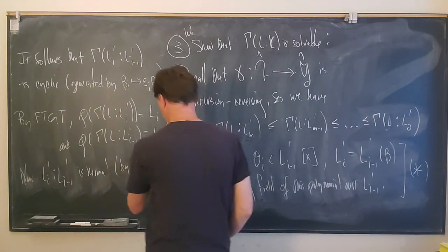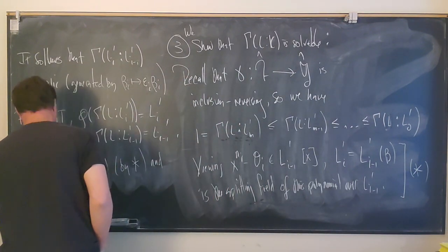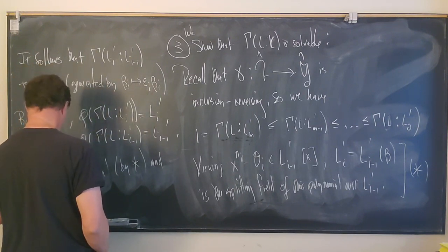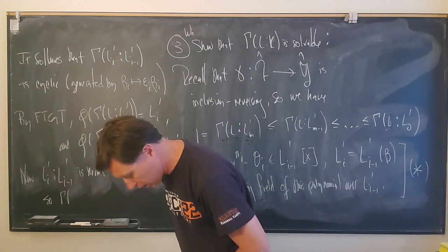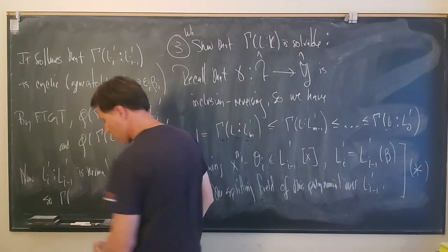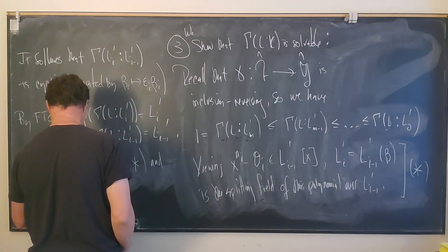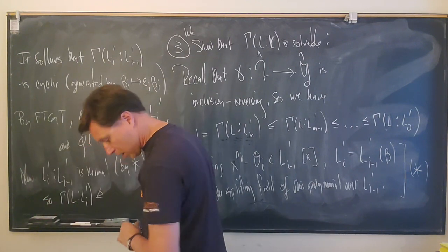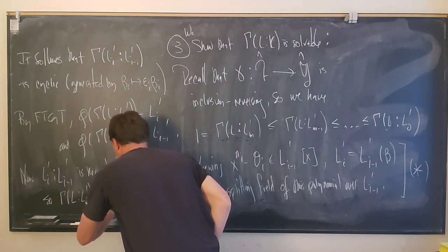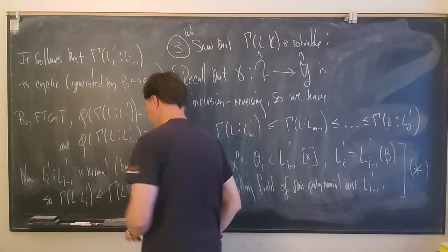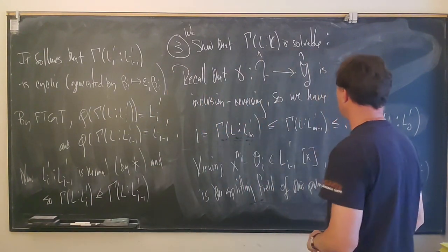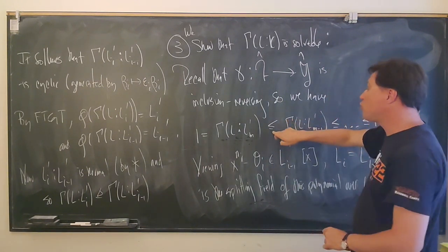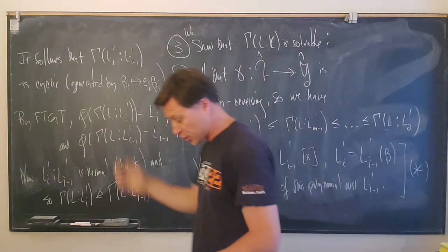And so gamma of L over L sub i prime is a normal subgroup of gamma of L over L sub i minus 1 prime. Okay, so what does that allow us to do? It allows us to put normal subgroup symbols all the way through that chain right there.